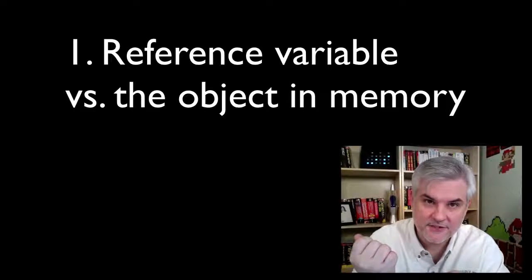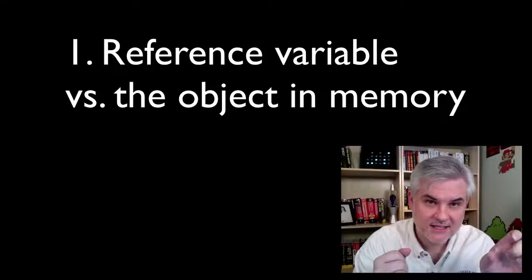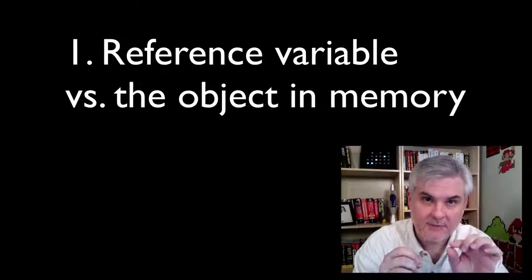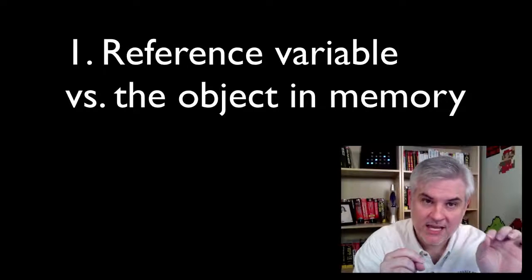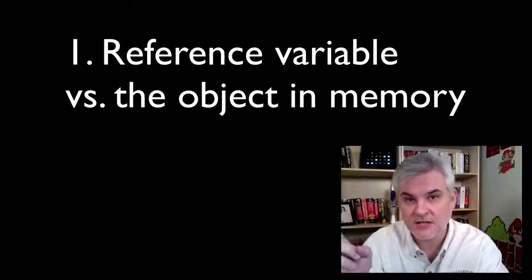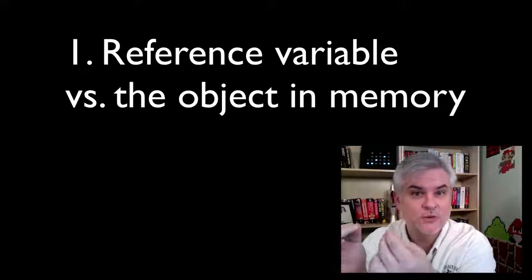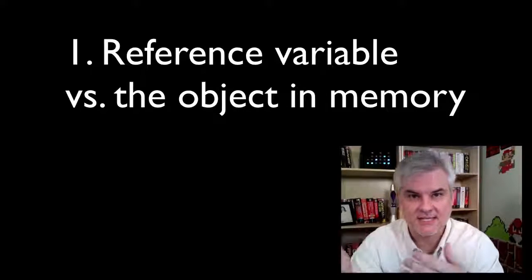The string is a reference. It allows me to get back to the kite. The string is stored in the stack. In this case, the variable name myKite is stored in the stack, and what it holds is an address location. We look up that address location in the heap, and we find the object that we want to work with. In this case, our instance of the kite object.